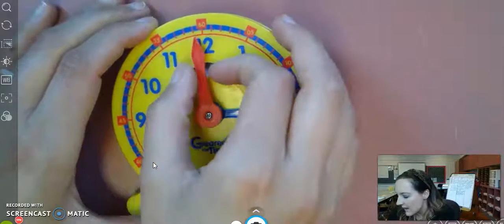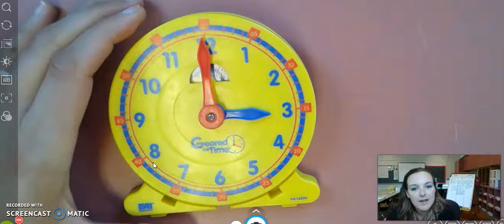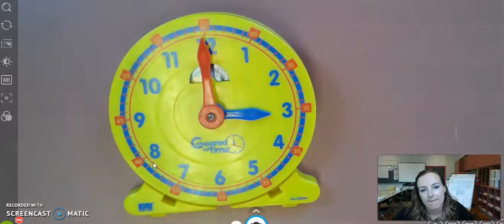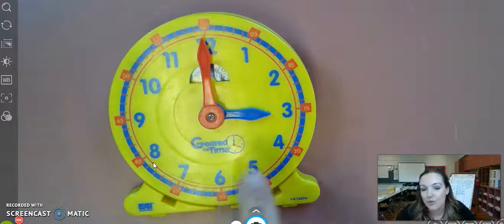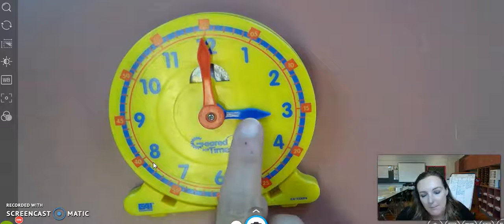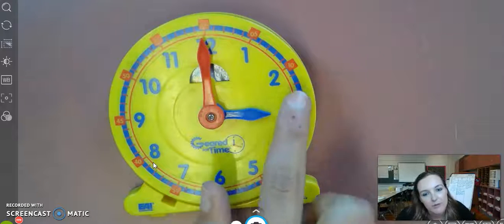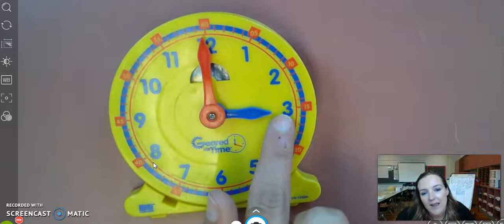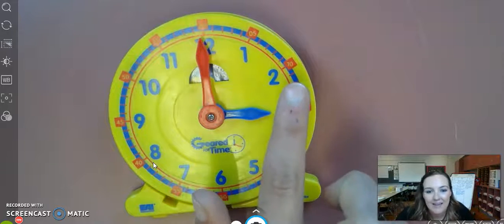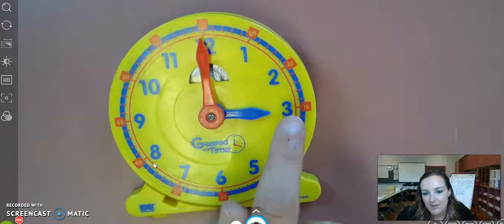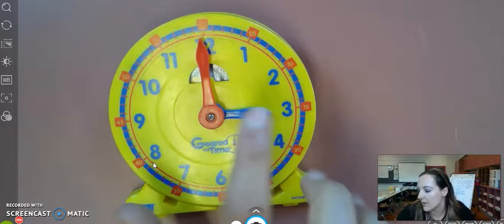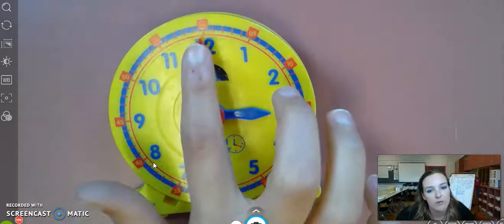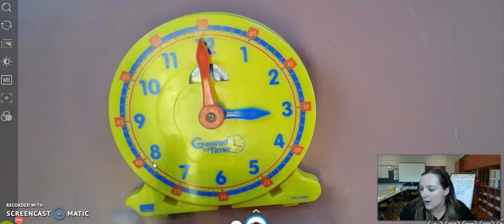So it is now what time? Right, it's 3 o'clock because my hour hand moved from the 2 to the 3. So it's 1 hour later. Basically, it's like adding. 2 plus 1 makes it 3 o'clock. And the minute hand is still up at the 12. All right? So now we're at 3 o'clock.